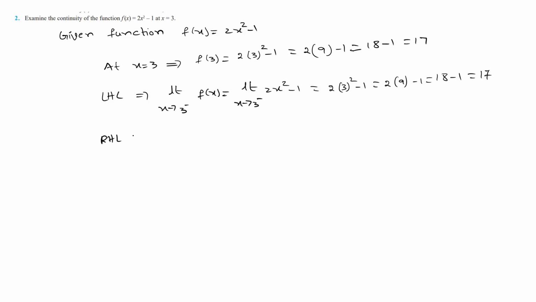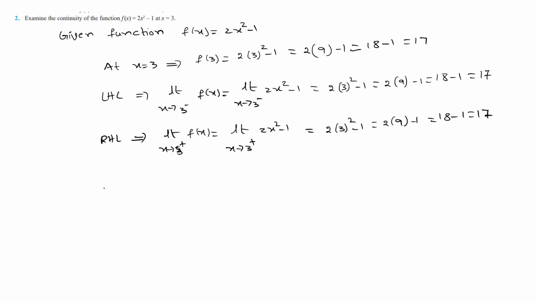So next one is RHL, which is limit x tends to 3 plus f of x. So limit x tends to 3 plus f of x is also 2x square minus 1, which is equal to 2 into 3 square minus 1. So 2 into 9 minus 1 is equal to 18 minus 1 is equal to 17 here.